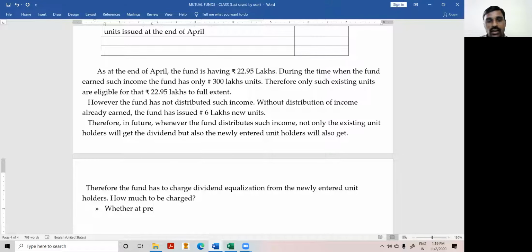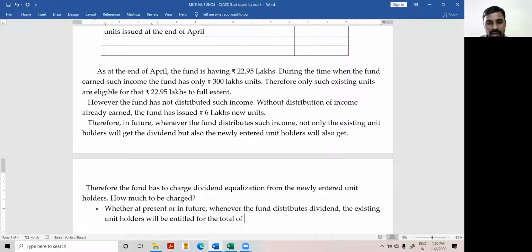Whether at present or in future, whenever the fund distributes dividend, the existing unit holders will be entitled for the total of rupees 22.95 lakhs.